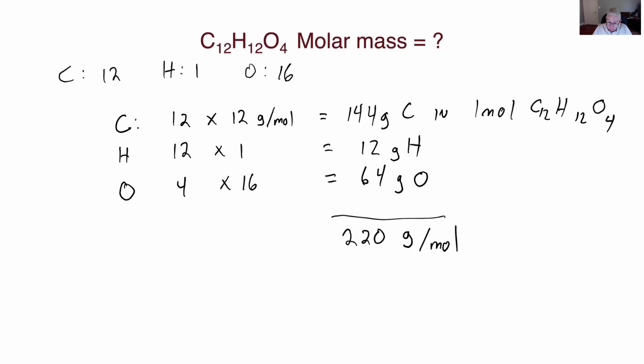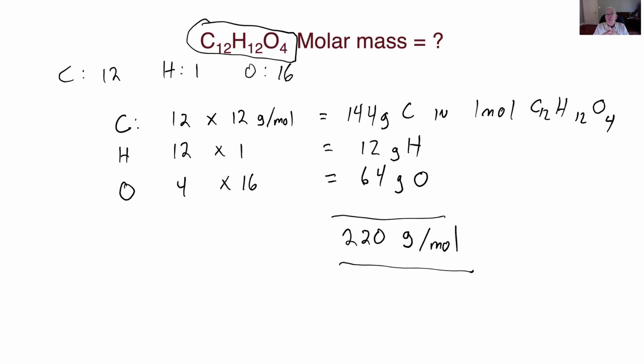All right, so this then is the molar mass of this compound from the formula. You can see the arithmetic there is simple, right? All we're doing is some very straightforward multiplication and addition. Just make sure we have the things in place. That's how you find the molar mass of a compound.